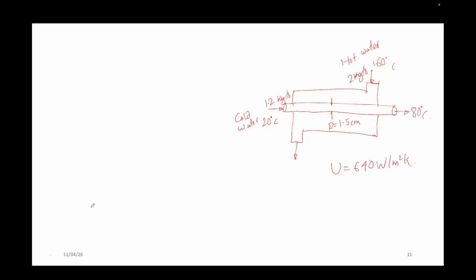So that is the value they have given. You are asked to find the length of the heat exchanger required to achieve the desired heating.